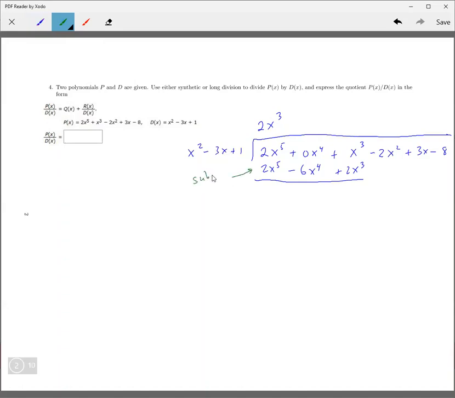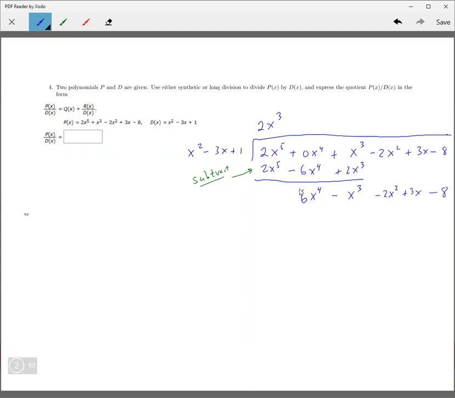And again, you have to remember to subtract. So that's 0. This is going to be 0 minus a negative 6, that's positive 6x to the 4th. 1 minus 2 is negative 1, so that's negative x cubed. Then just bring these down like that, and then go to the next step.